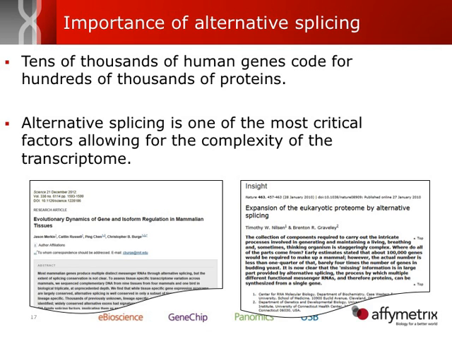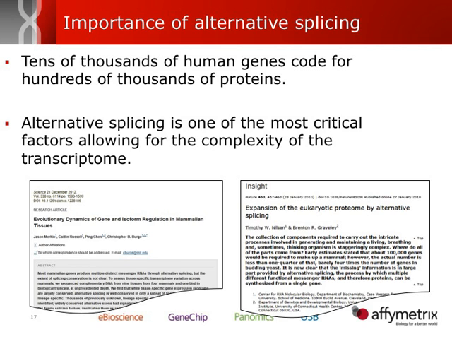So I want to first start with talking a little bit about why it's important to look not only at the gene level, so gene level differential expression, but also looking at alternative splicing. So we know that there are tens of thousands of human genes, but those tens of thousands of human genes code for hundreds of thousands of proteins. So it's not possible to have a one-to-one relationship between gene and protein.